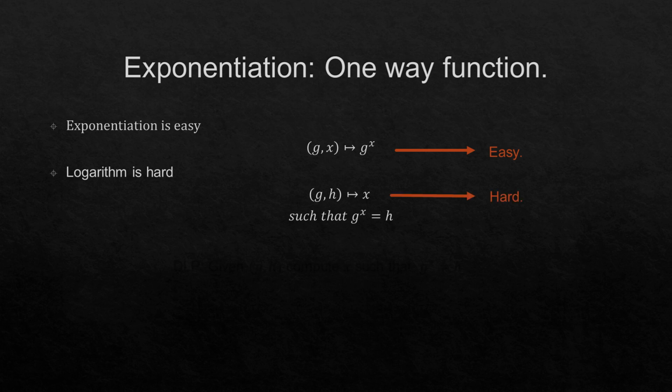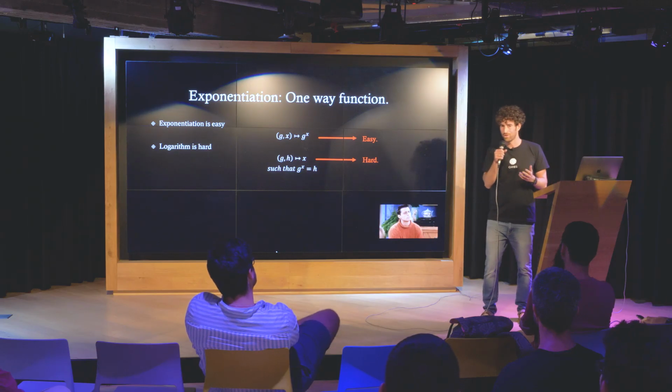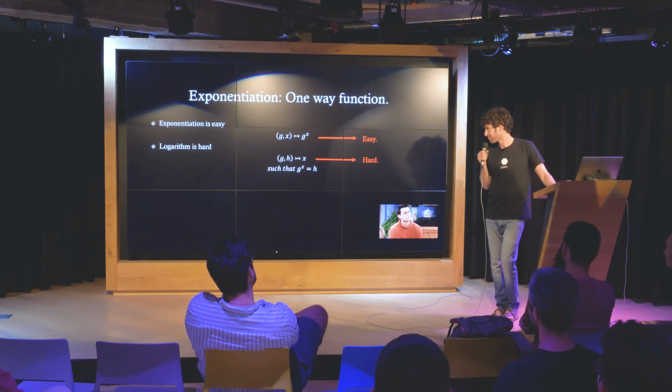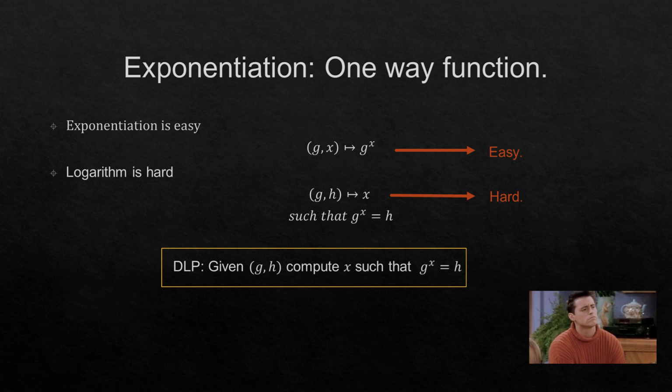That is a hard task. And as usual in cryptography, when people say hard, that only means that smart people were thinking about it for a long time, and they don't know the answer. So that's hard. And so the discrete logarithm problem, or DLP, is just this. Given g and h, two group elements, we want to compute an integer x such that g to the power of x is equal to h. Are we good so far?